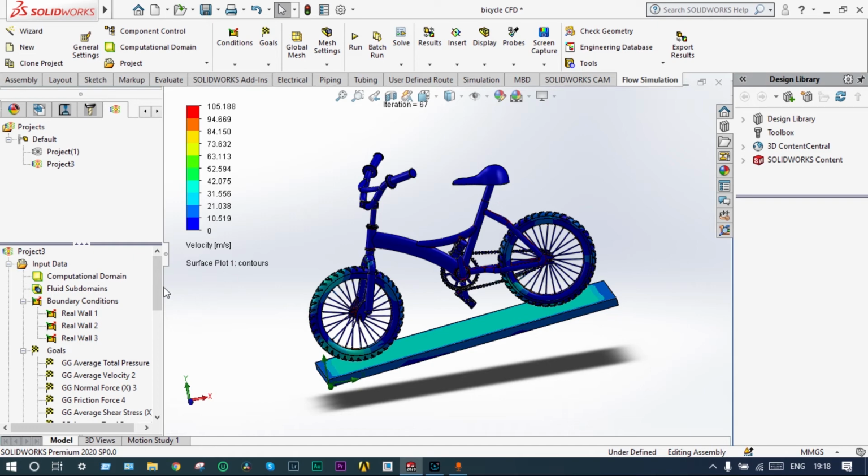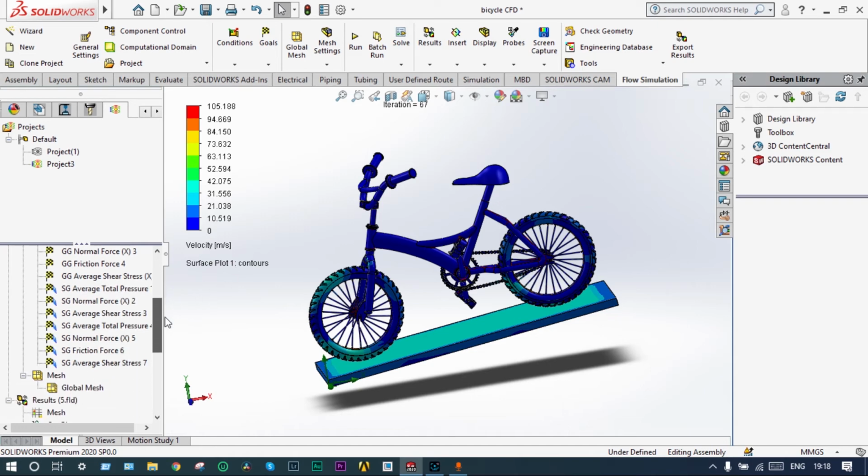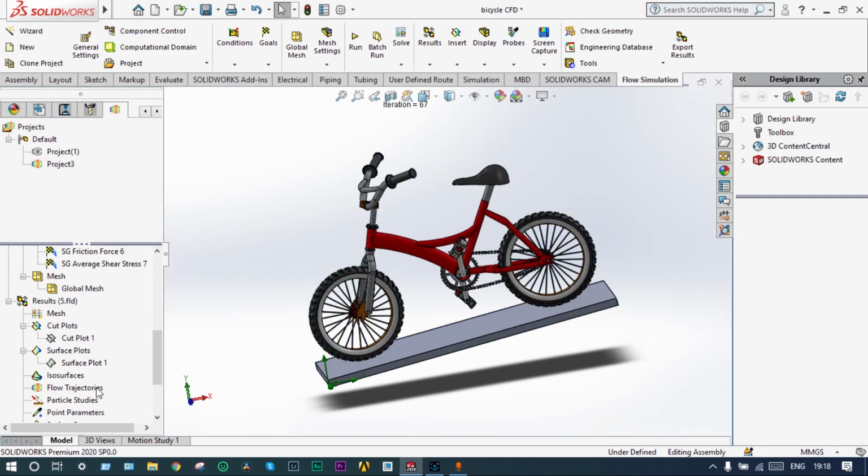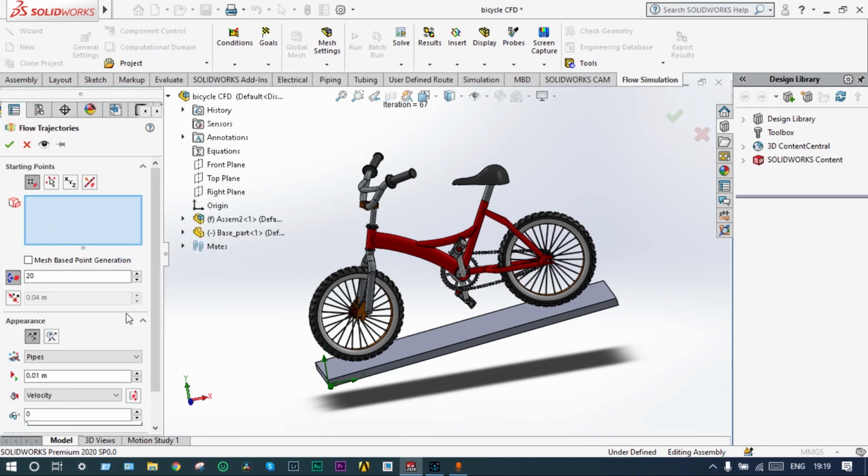Next one, we want to go for flow trajectories. This part we clear and hide. Next we'll go for flow trajectories, that means how the air particles will be moving. Insert air trajectories. Number of bubbles to be 200, and we want to see it in the form of lines and arrows.